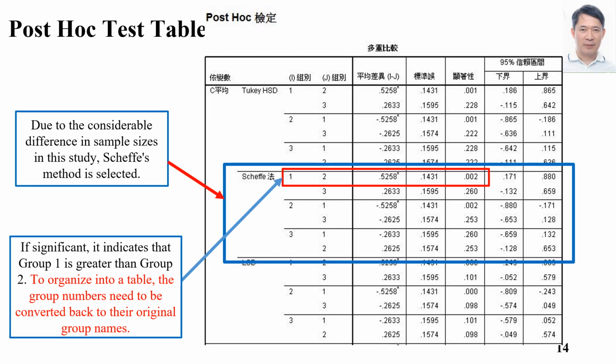However, the comparison between groups 1 and 3 is not significant. Since there is significance between groups 1 and 2, there is also significance between groups 2 and 1. There is no significance between groups 2 and 3, nor between groups 3 and 1, or between groups 3 and 2. In summary, only the comparison between groups 1 and 2 is significant.